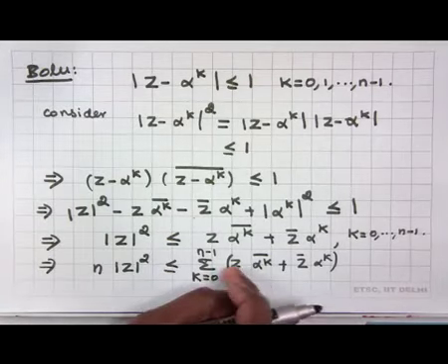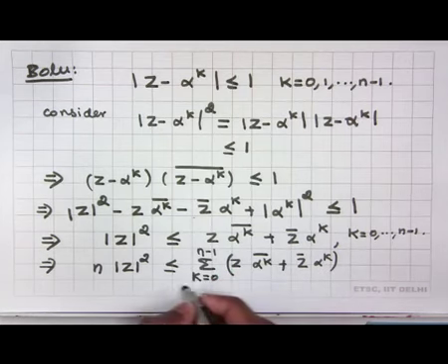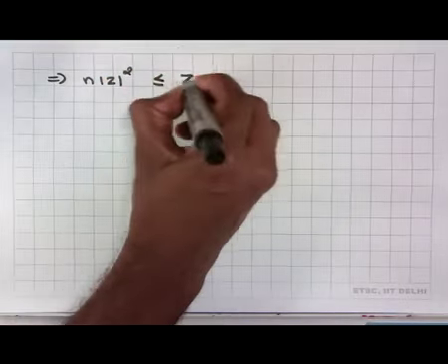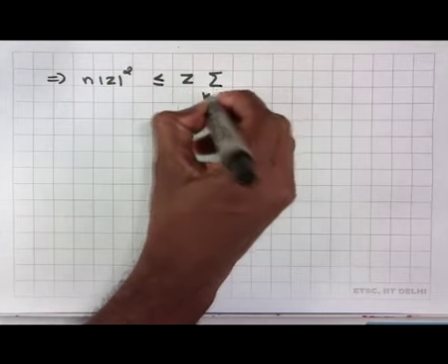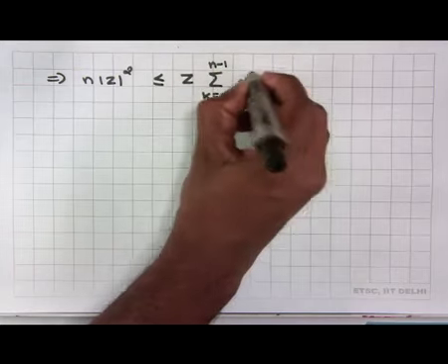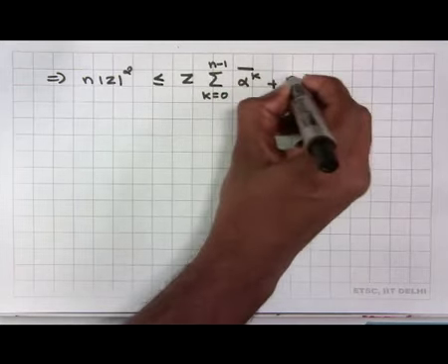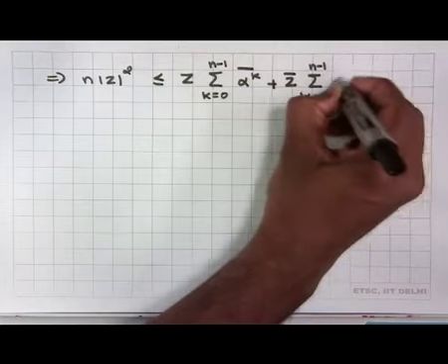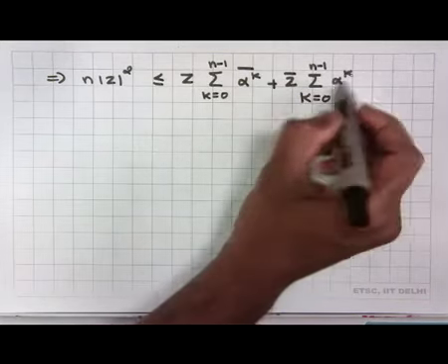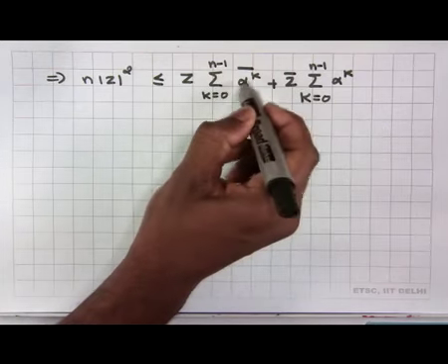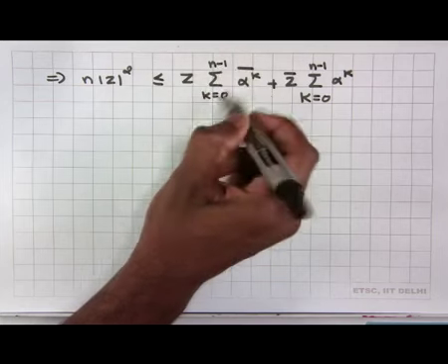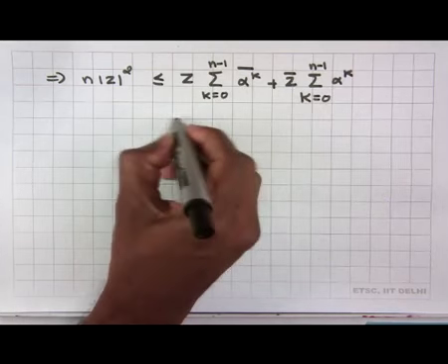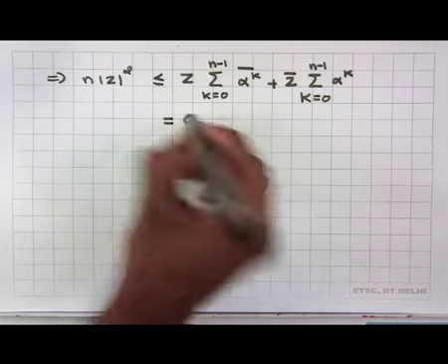Here we can take out z as a common factor and then you get on the right hand side, let me write out, this is less than or equal to z times summation k from 0 to n minus 1 alpha^k bar plus z bar summation k equal to 0 to n minus 1 alpha^k, and we know that this sum is 0, and here the conjugation can be taken commonly outside the summation, and the sum is again the same as this, which is 0, which means the right hand side becomes 0.